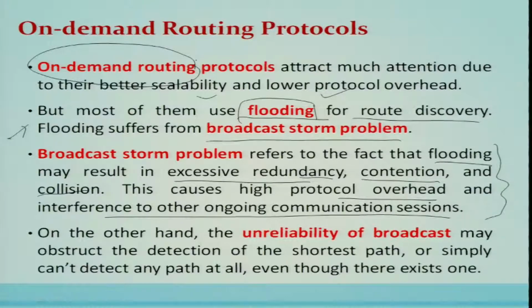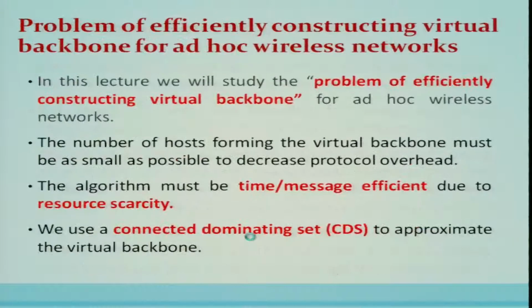On the other hand, unreliability of the broadcast obstructs the detection of the shortest path, or simply can't detect any path at all, even if there exists one. So there is the problem of efficiently constructing the virtual backbone for ad hoc wireless networks such as sensor networks.